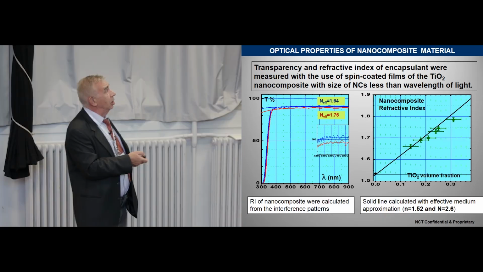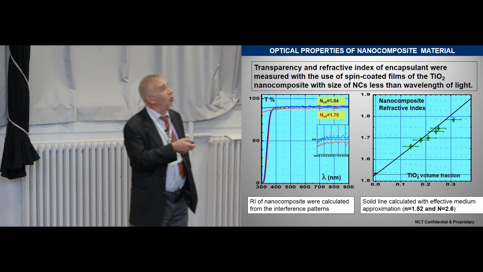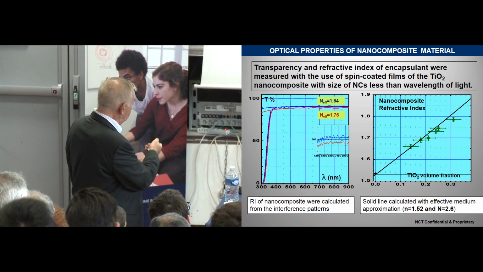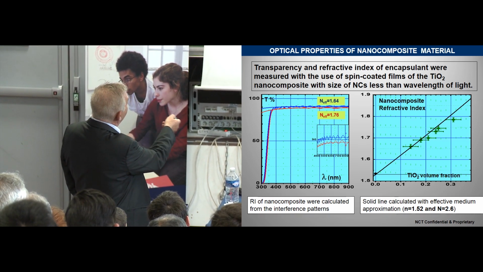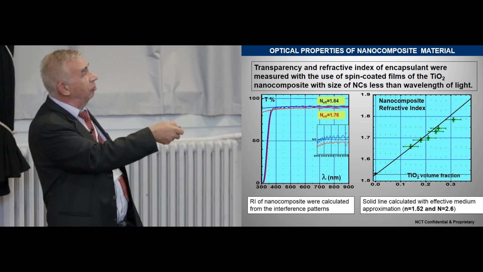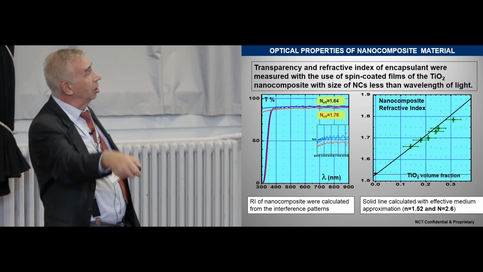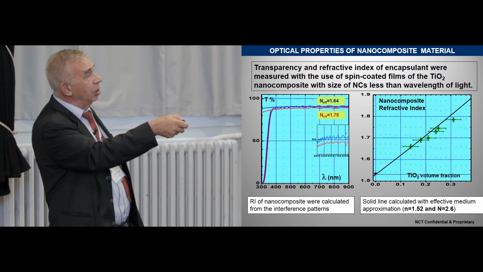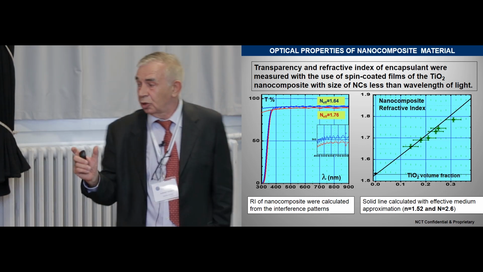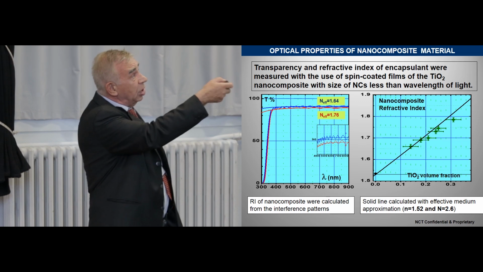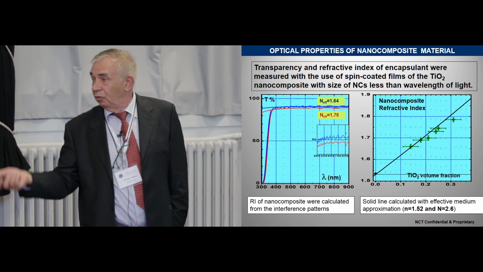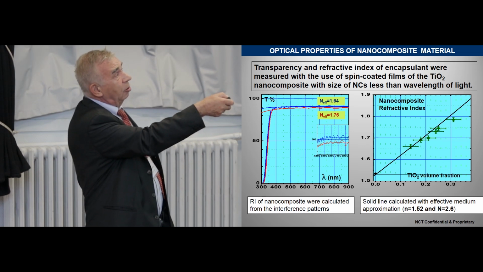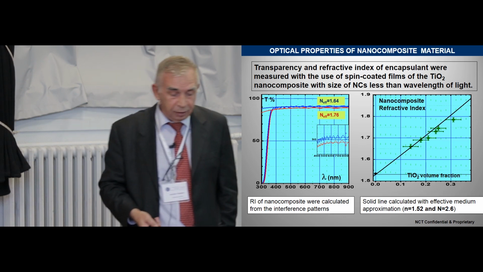What we see here is transmission spectra of spin-coated films of this nanocomposite material, which give you practically flat transmission from 400 to 900 and more. There is some interference, shown in the inset. This interference makes it possible to calculate the refractive index of this film, and this means that the material used for the encapsulant can be characterized at practically any wavelength which you are interested in.